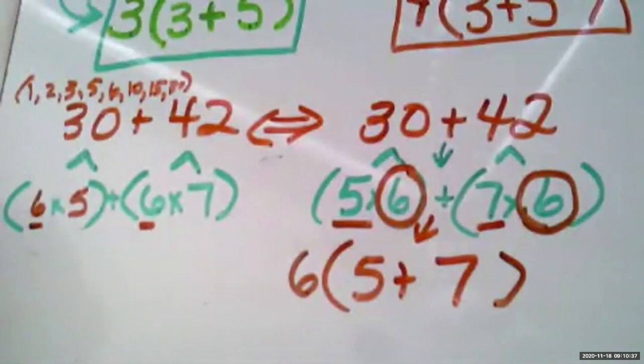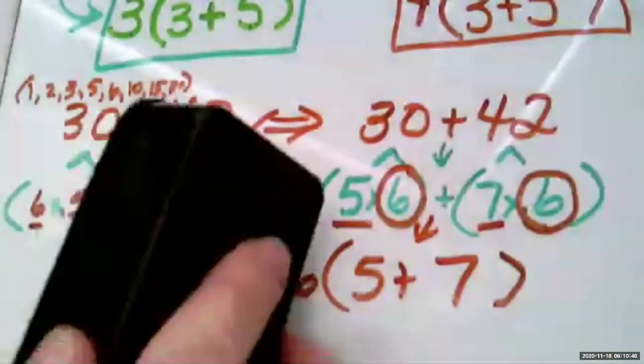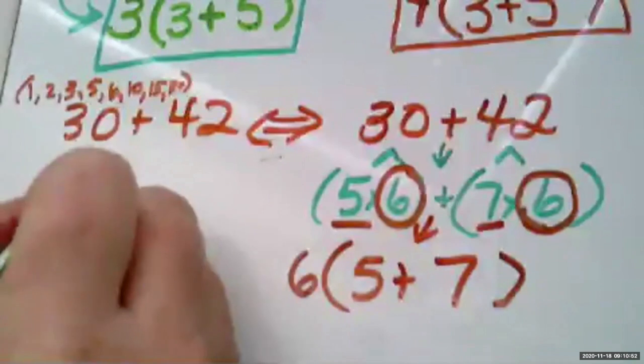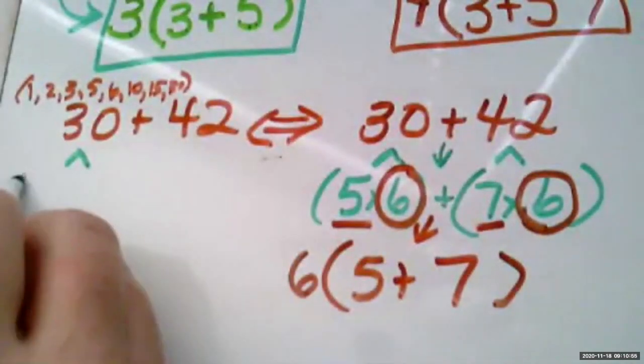Angie, could you do it like this? Ah, that's an excellent question, Angie. I'm actually going to write that down here because that was a great question. Angie said, hey, we did prime factorization.